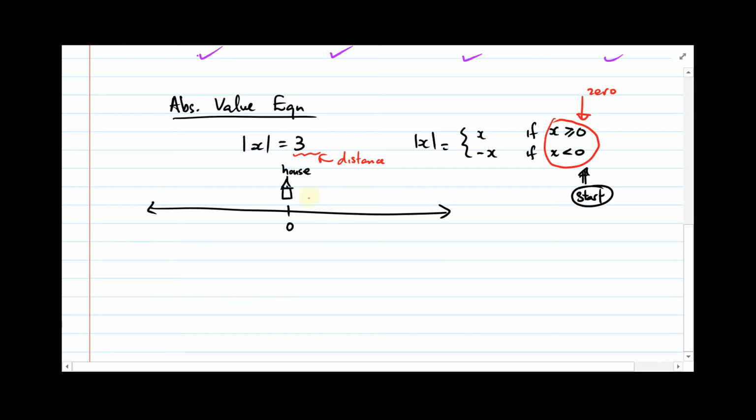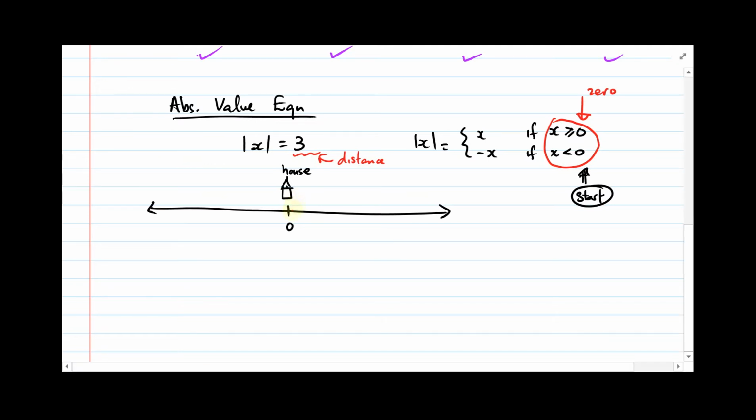But it doesn't matter if I got up one morning. Let's presume that this equation is describing my jogging pattern in the morning. So I'm saying, well, every morning I get up and I run exactly 3 kilometers.